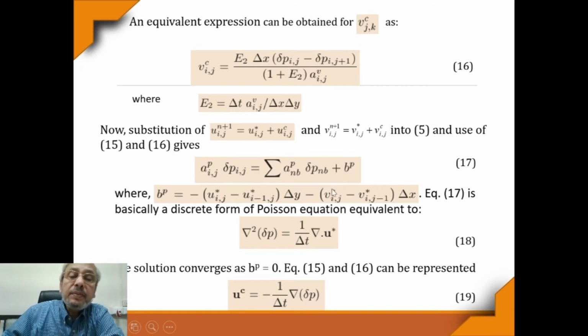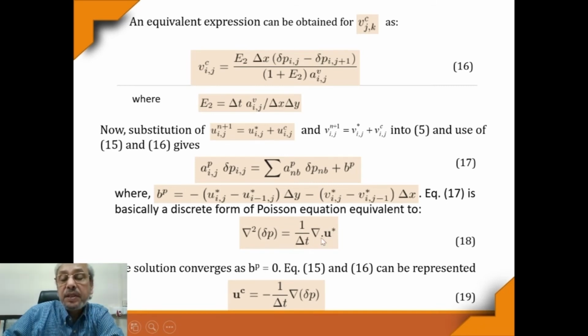So this is the meaning of BP. Effectively, equation 17 is a Poisson's equation for pressure correction. So this is del square delta P equal to 1 by delta t times the divergence of the velocity vector U star, where U means small u and small v both.